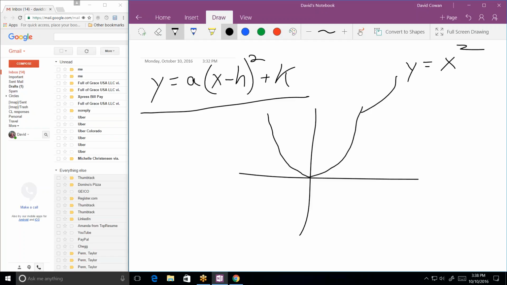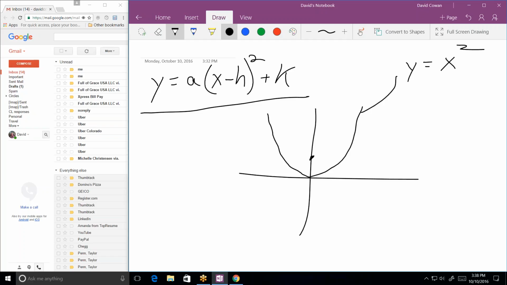As soon as they start talking about parabolas as conic sections instead of quadratics, they're both. But as a conic section, it shares a certain property that we never talked about when we were talking about quadratics.